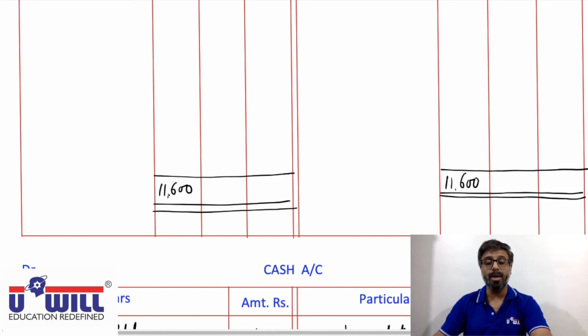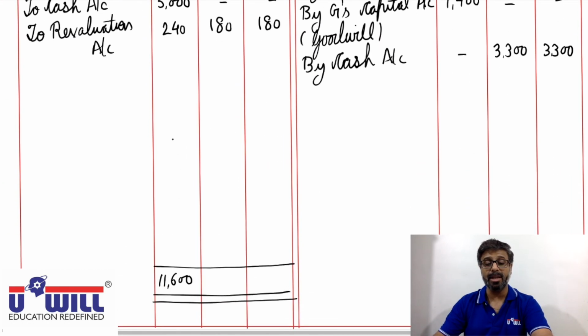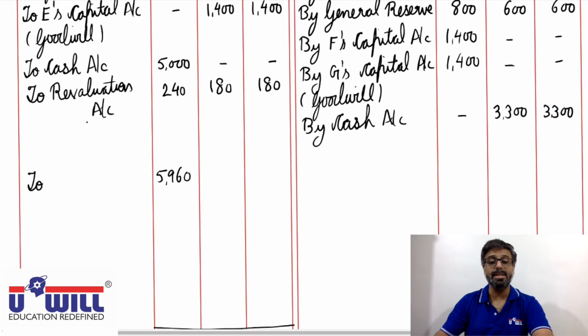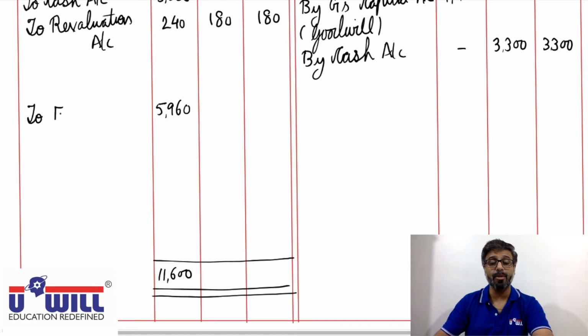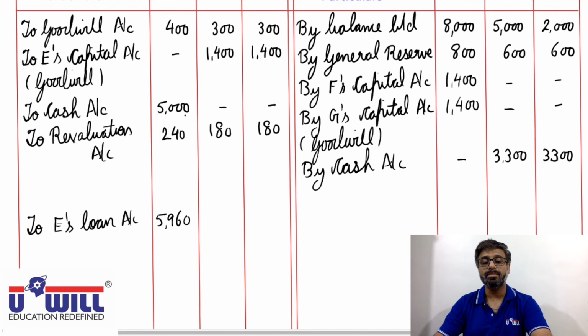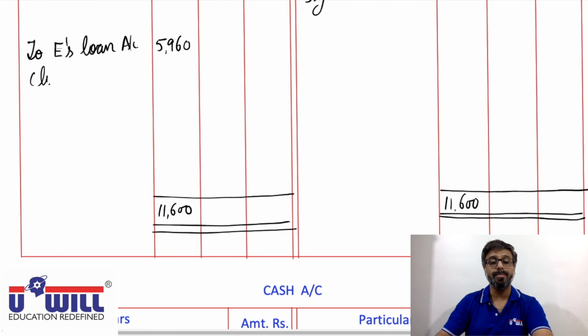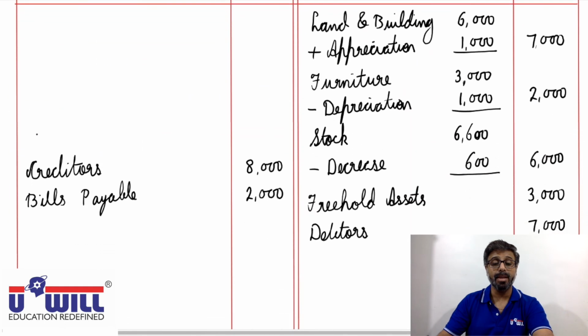Minus 400, 5,240, so 5,640. 11,600 minus 5,640 will be 5,960 to E's loan account. Okay, balancing figure we have to transfer to his loan. So to E's loan account, in bracket balancing figure. Now E's loan 5,960 will come on the liability side.